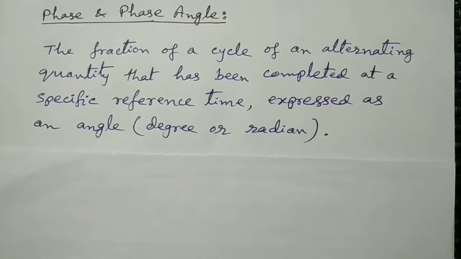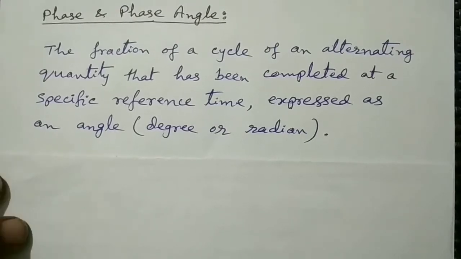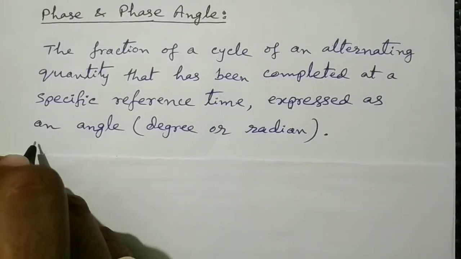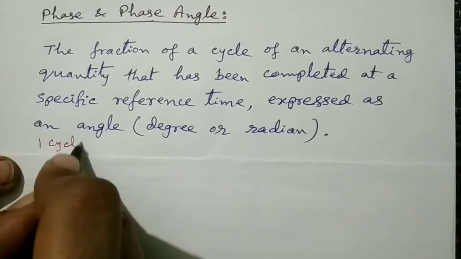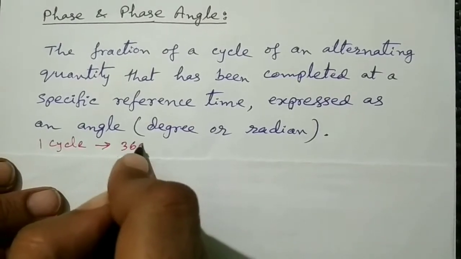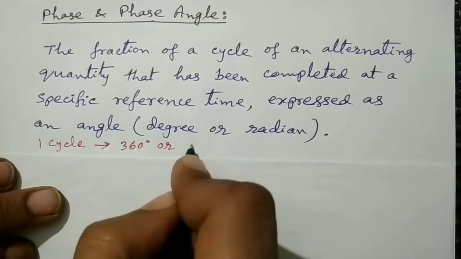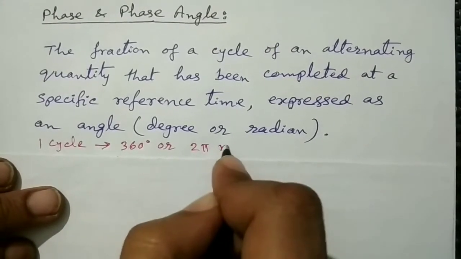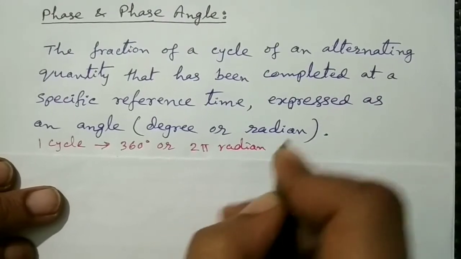Remember one thing, phase means the angular position. For one complete rotation, it is considered to be 360 degree phase or 2 pi radian phase. So for one cycle, it can be considered as 360 degree or 2 pi radian of phase.